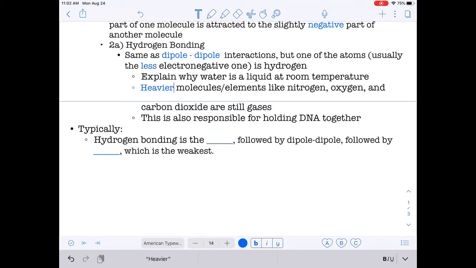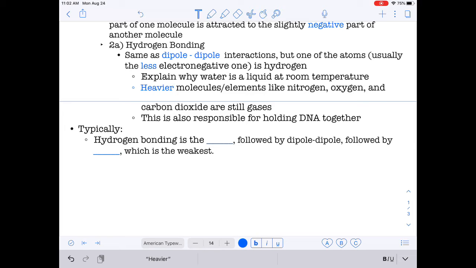So it causes the water molecules to stick together a little bit more because it's a little bit stronger than just dipole-dipole interactions, and that's why it's a liquid, while these other heavier molecules and elements are actually gases. So a little fun fact, hydrogen bonding is also what's responsible for holding DNA together.